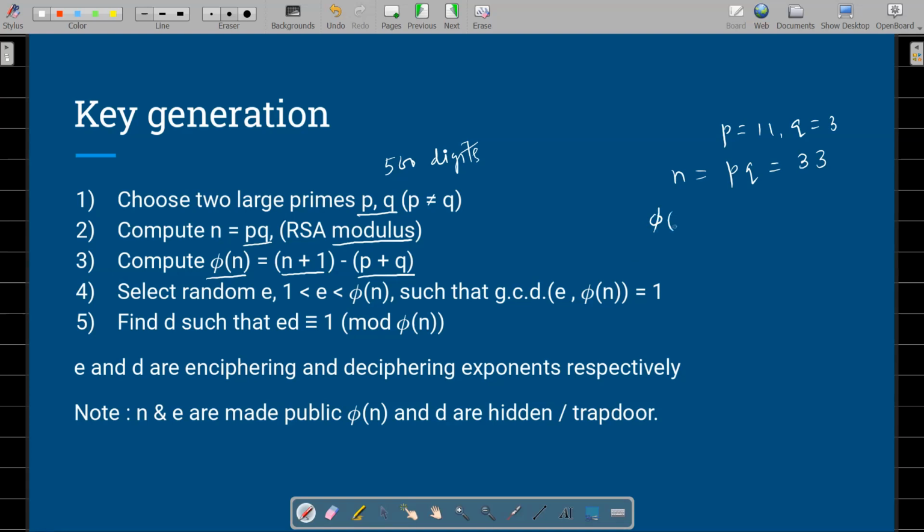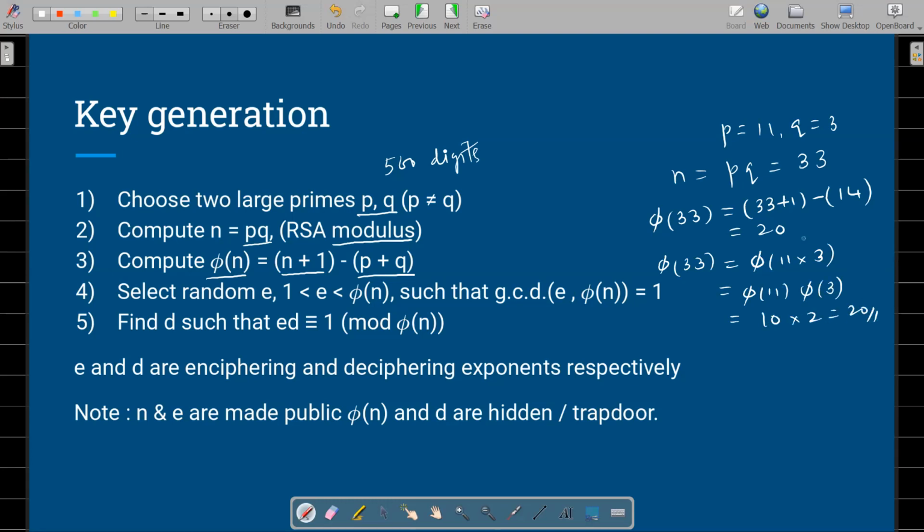So phi(33) would be 33 plus 1 minus (11 plus 3), that is 14, which is 20. But in this case, because I know the factors are small, I can factorize it. It's phi(11) times phi(3), so phi(11) is 10, phi(3) is 2, it's 20 in any case.